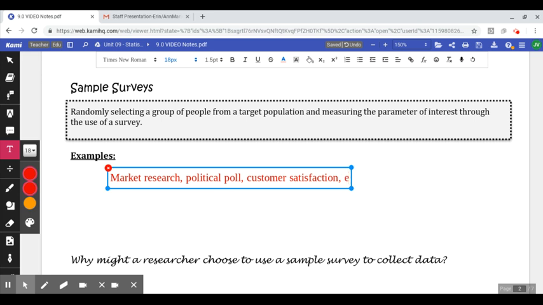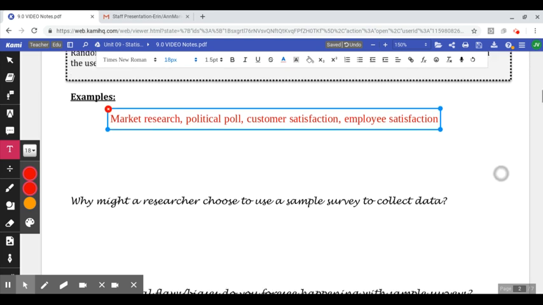So employees, we could put that there, okay. You could do a bunch of different surveys, and we could even be a little more specific. So we could do employee satisfaction, I guess. You could do that. So there's a lot of them, but those are some examples, just a few of them.